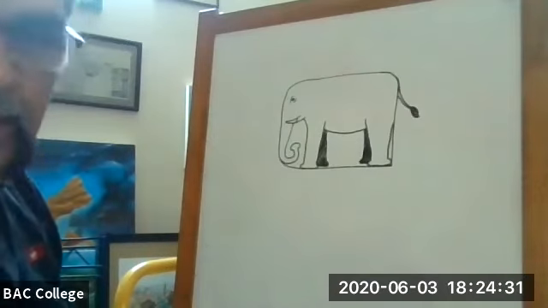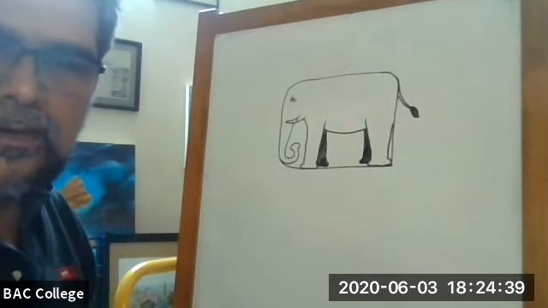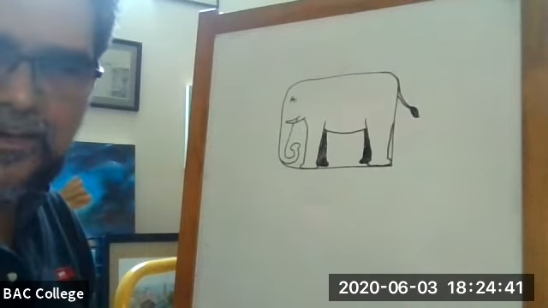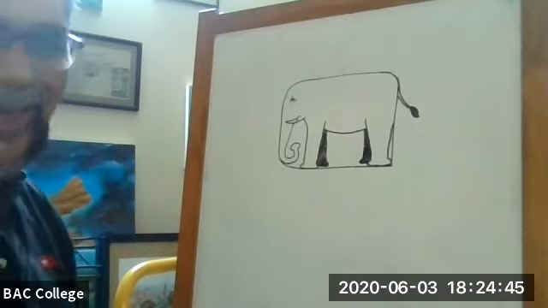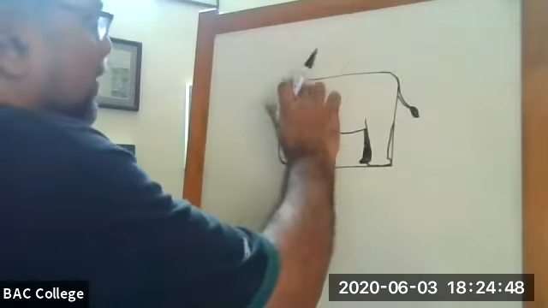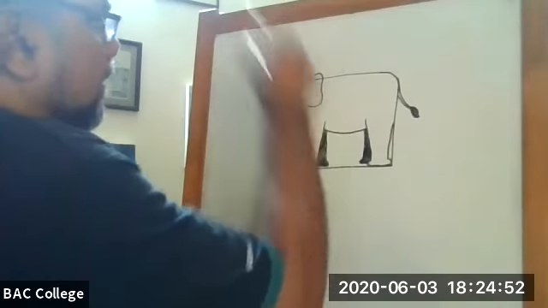Now, what else do you think is missing from the elephant? Can anyone tell me what is missing? All right, cool. Anybody else? Okay, so I'm going to draw the ears right over here, like that.